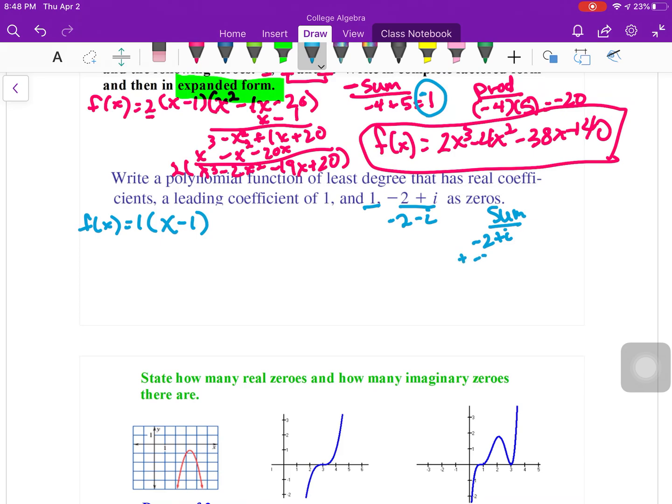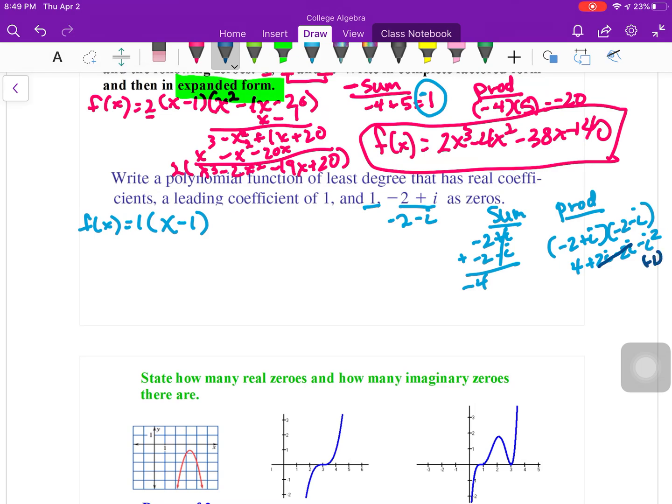So the sum of those, -2 plus i plus -2 minus i, gives me -4. And the product of those, -2 plus i times -2 minus i. -2 times -2 is 4. -2 times -i is positive 2i. i times -2 is -2i. And i times -i is -i squared.